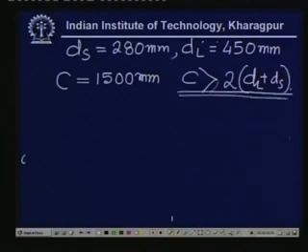So if we consider the sum of these two and multiply by 2, I think a value of 1500 is quite okay. As a matter of fact, this decision of 1500 in actual practice is very much dependent on the space availability, and that's the reason you will get more guidelines if you have some concept of the space availability.